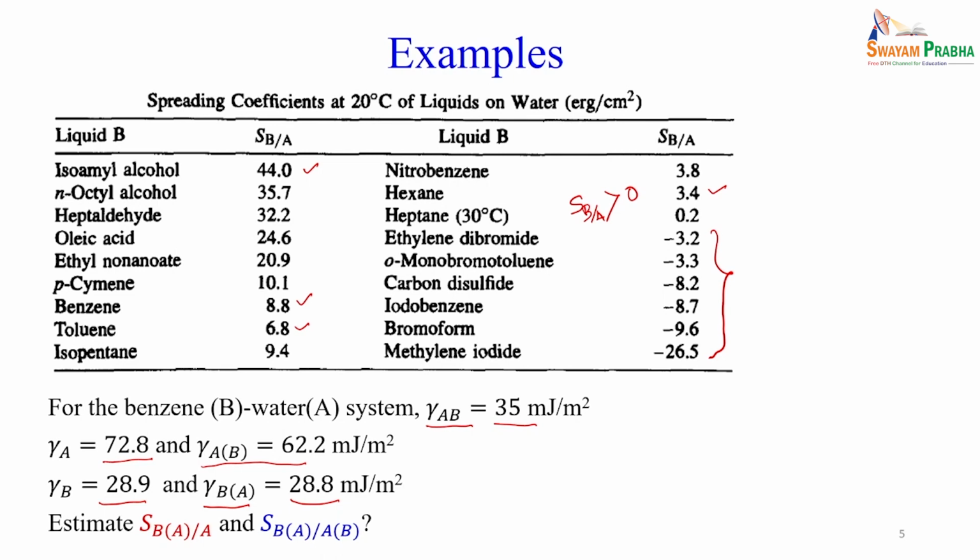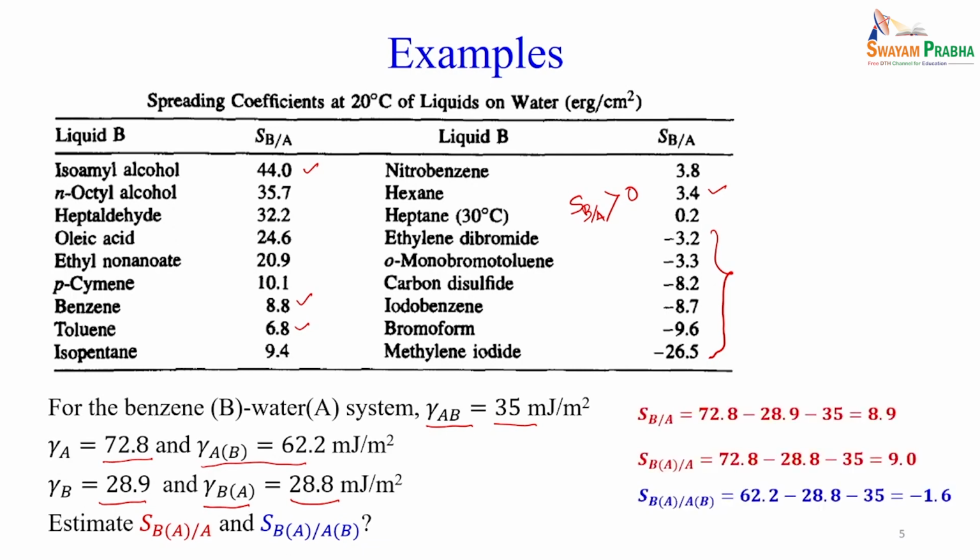Now, let us calculate the spreading coefficient before saturation and after saturation. Before saturation it is very simple. S B/A is the surface tension of water minus the surface tension of benzene minus the interfacial tension, and its value comes out to be 8.9.